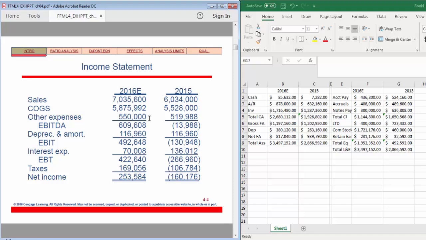Then the earnings before interest and taxes number, then you have interest expenses, that's to be paid for the debt that the company is holding. Obviously, since a large amount of debt is to be retired, the interest expense is also coming down. Earnings before taxes, then taxes, which are deducted, and then you get the net income.